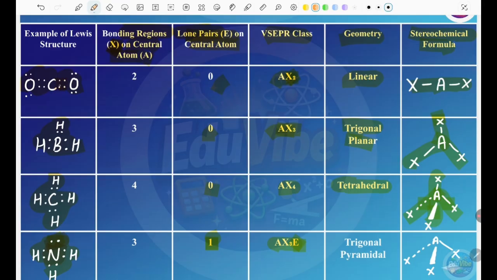You can see that all the other things are connected to each other, but these electrons are not bonded with anything. So this has one lone pair, which we write as E, and this is a trigonal pyramidal shape.